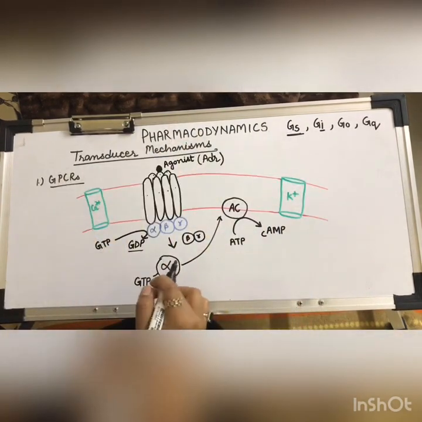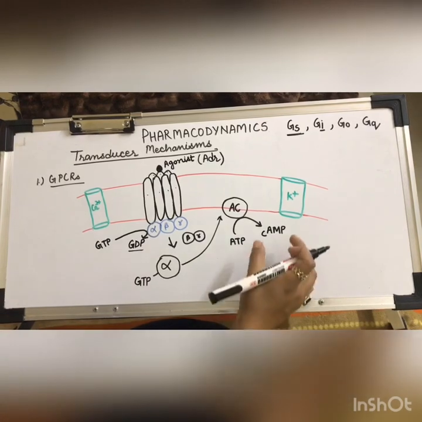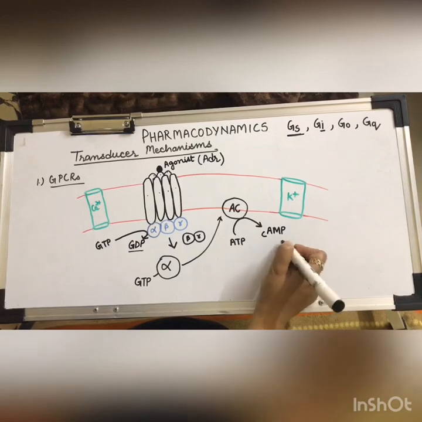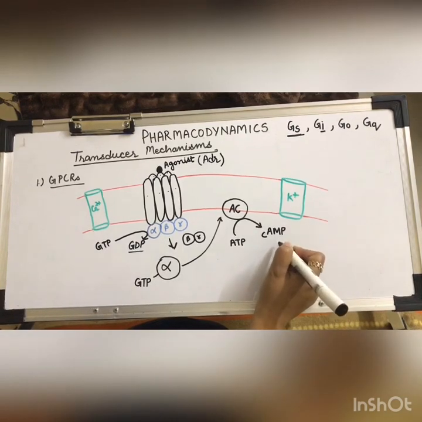Now adenylyl cyclase, when it will be activated, it will start converting ATP into cyclic AMP. That is why this pathway is also known as cyclic AMP pathway. Now cyclic AMP is our second messenger.